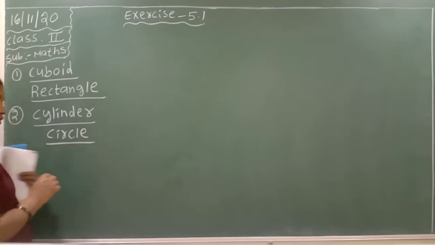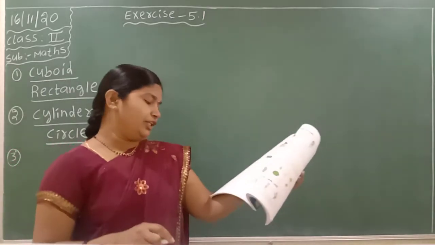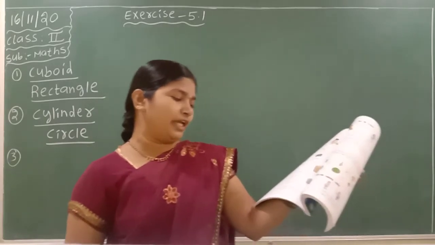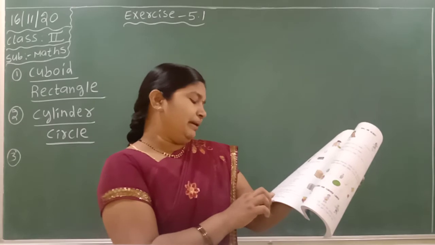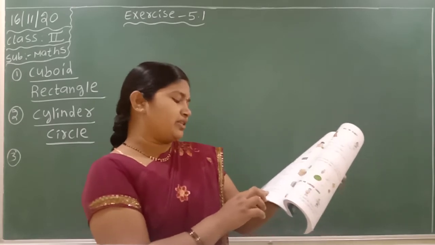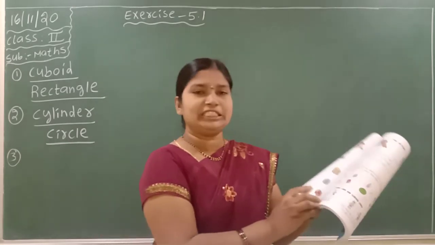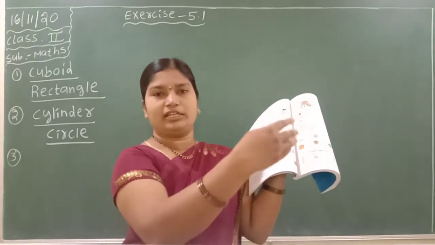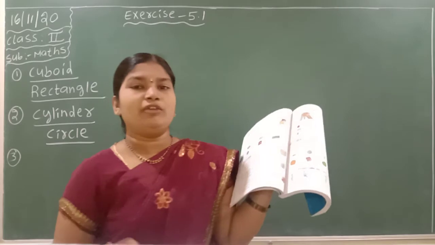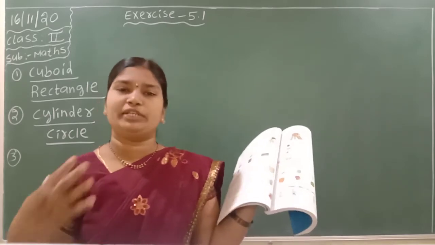Next, third one. Take your dice from your Ludo game. Keep them joined together. Then place more dice on the top of each dice. Here they kept one dice after another, one by one. What are they asking? Which shape did you get?